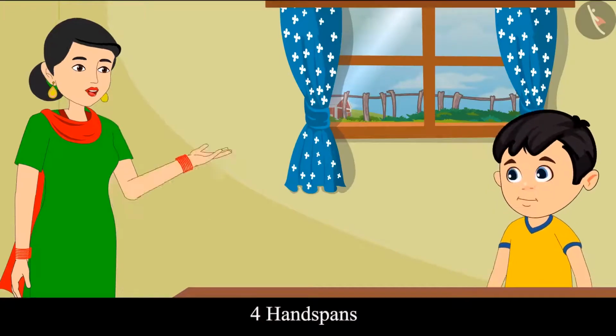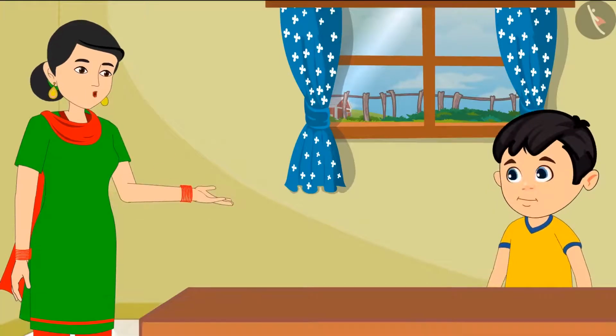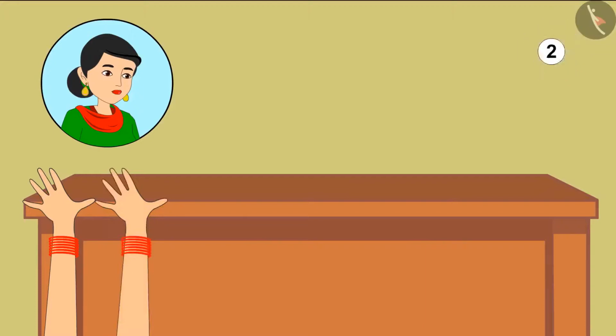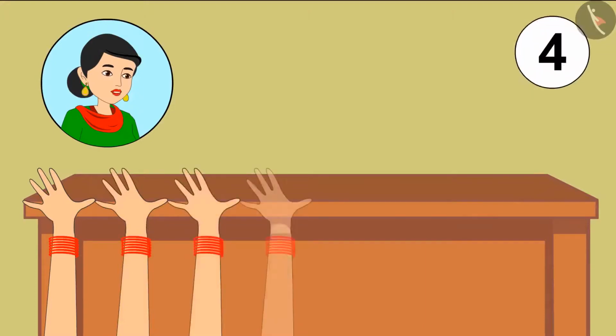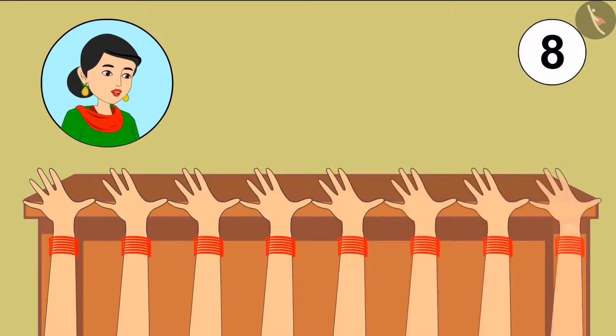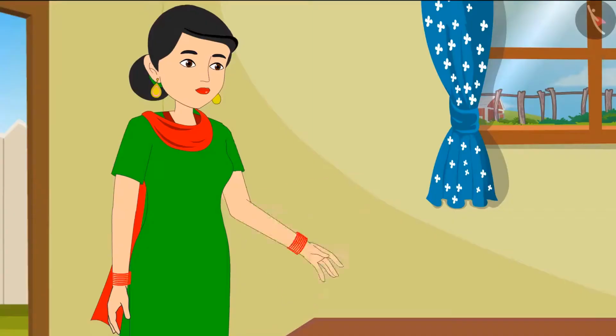It is done, Mummy. Hey, Chotu, don't leave any space while measuring. Look at me. 1, 2, 3, 4, 5, 6, 7, 8. Did you see, Chotu? This table is 8 handspan long while measuring with my hand.